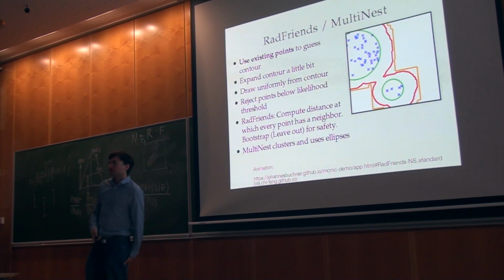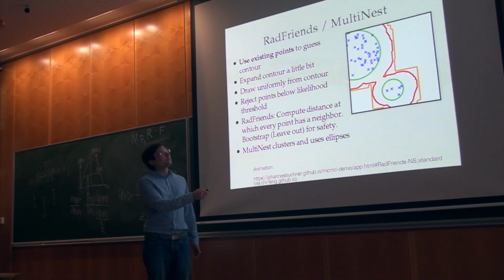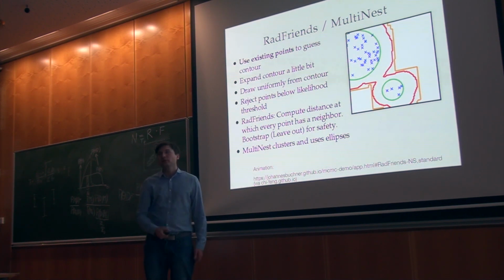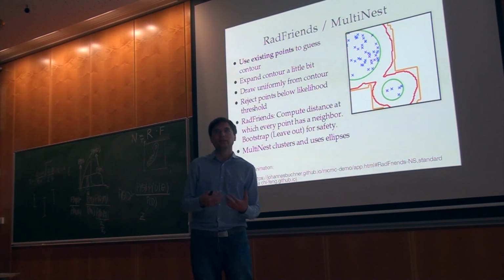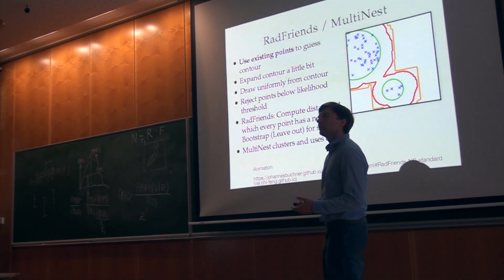And how does that work? Well, we already have a whole bunch of points that fulfill our likelihood constraint. So we should take advantage of this knowledge of the parameter space, that is probably where we will find our new point.